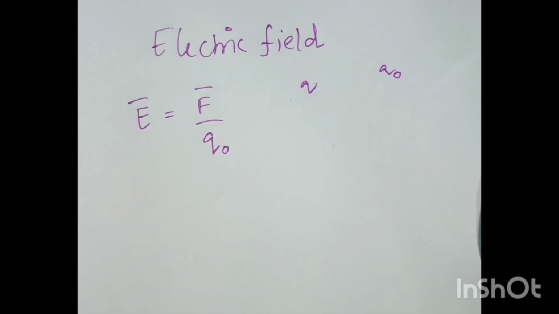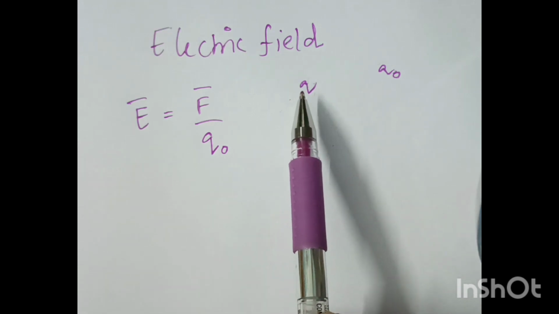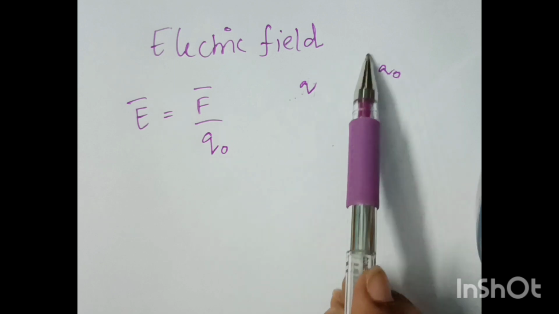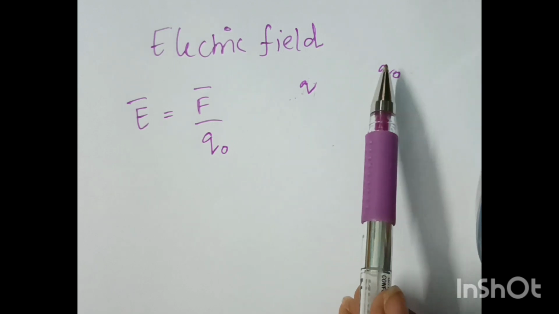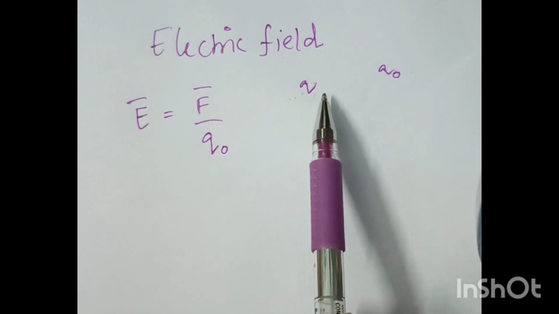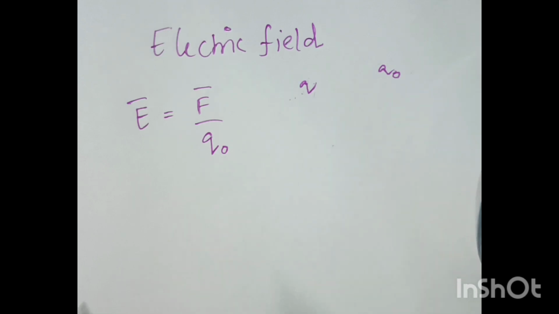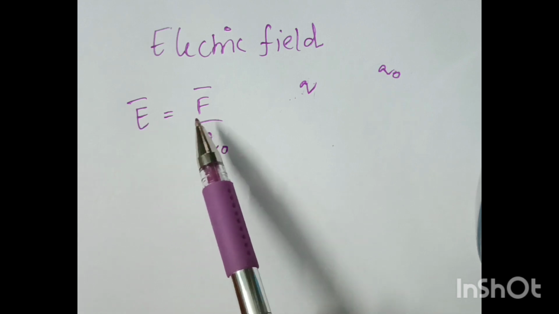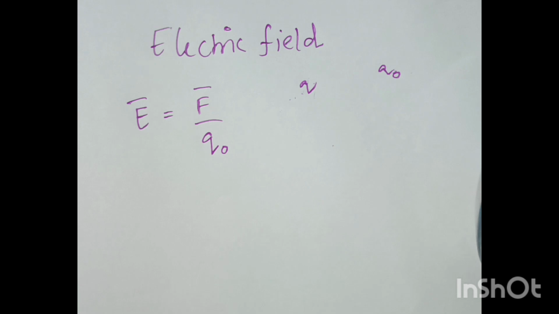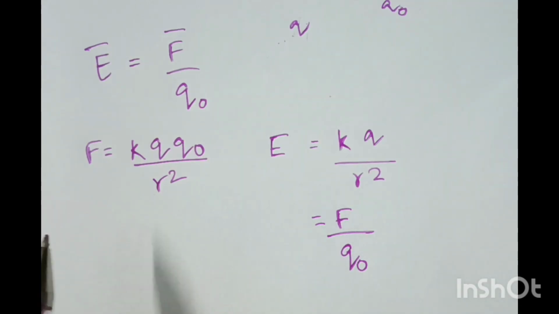Now let us see the concept of electric field. The space around the electric charge Q, in which another charge Q naught can experience a force of attraction or repulsion, is called the electric field of charge Q. Now this electric field is nothing but F by Q naught. Let me explain that. Please see, there are two charges Q and Q naught, as we have already seen.